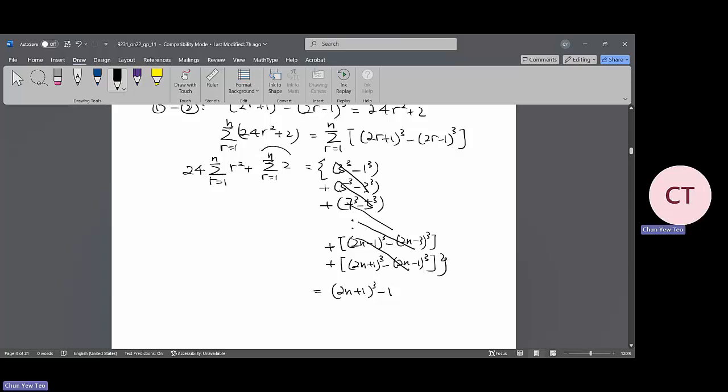Then we know that the sum of the constant is just 2n. So this one still remains as the sum of r squared, where r starts from 1 until n. Okay, so this is what we have. Then all I need to do is bring the 2n to the other side. We don't expand this using the binomial expansion, because if we expand it, it will be quite difficult for us to factorize it back.